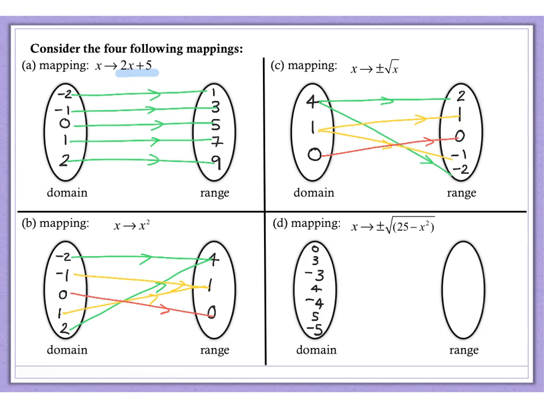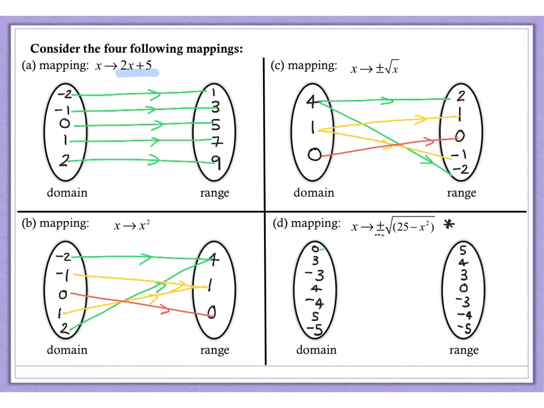Now, when we input these values into this mapping or this rule, we generate the following output values, and you can check this yourself. Remember, both positive and negative roots are being included. So let's draw on the paths.